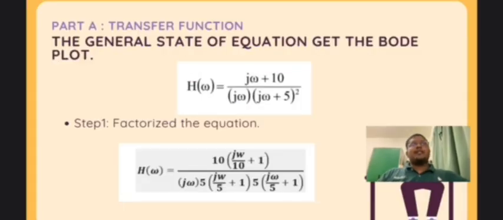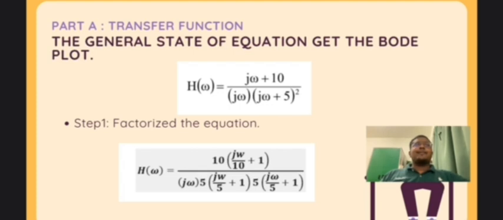Part A. Transfer function. The general equation to get the Bode plot. H(jω) equals (jω plus 10) over (jω)(jω plus 5) to the power of 2. First step you have to do is factorize the equation. So H(jω) will be 10(jω/10 plus 1) over (jω) times 5(jω/5 plus 1) times 5(jω/5 plus 1).